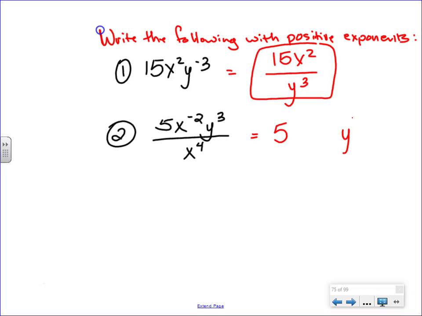The y cubed is the y cubed is the y cubed. 5x to the negative 2 over x to the 4th. And then you put that down. Like bases dividing, what do we do with the exponents? Subtract. Negative 2 minus 4 is negative 6, but this isn't the final answer. It's one step in the process. How do we express it now?